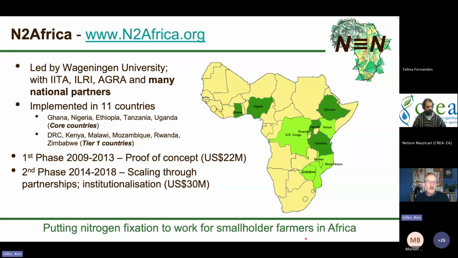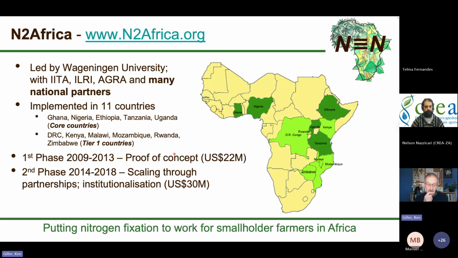Now, going straight to N2Africa then, this was a project which I led from Wageningen University together with IITA, the International Institute of Tropical Agriculture, ILRI, AGRA, and many national partners, and we worked in 11 countries in Africa: Ghana, Nigeria, Ethiopia, Uganda, Tanzania, but also these other countries.